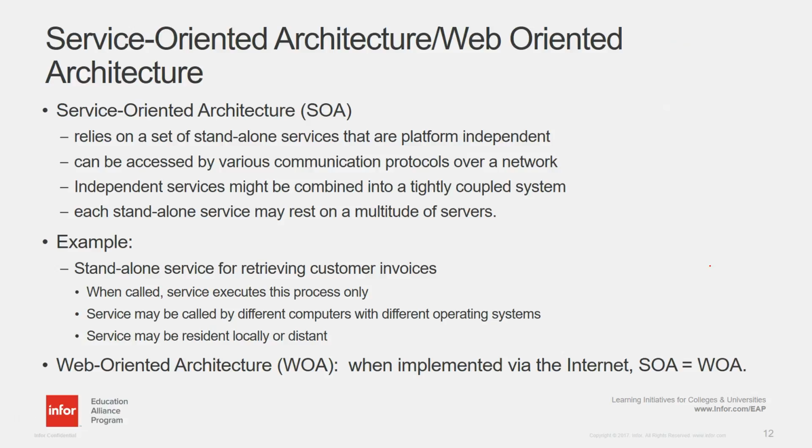The registry used to look up these services uses a protocol called UDDI, Universal Description, Definition, and Integration. UDDI is like a directory which keeps track of all the services that are available and makes those services available to the various applications in the enterprise.